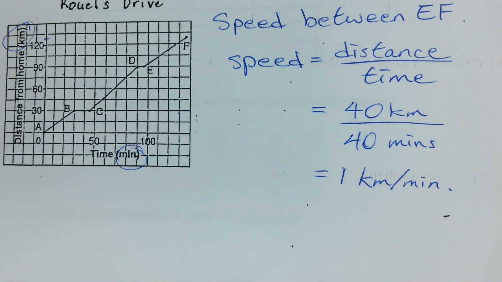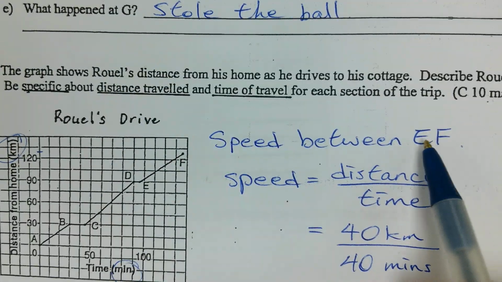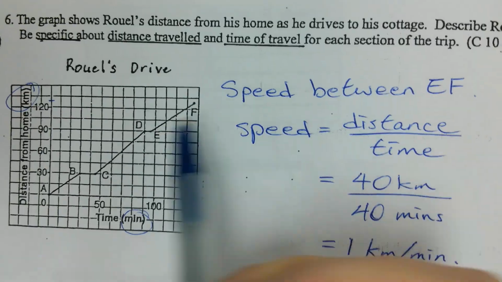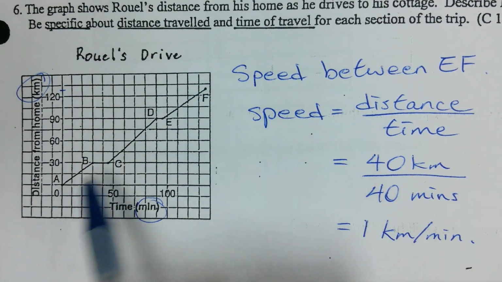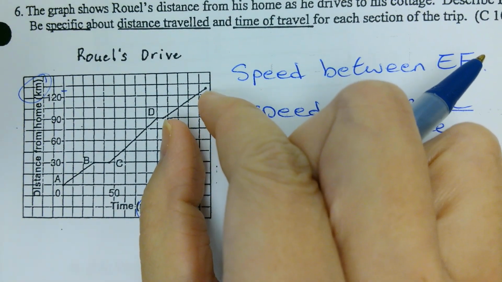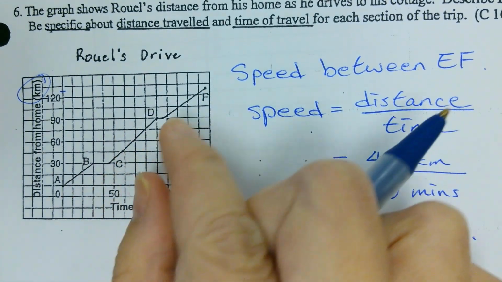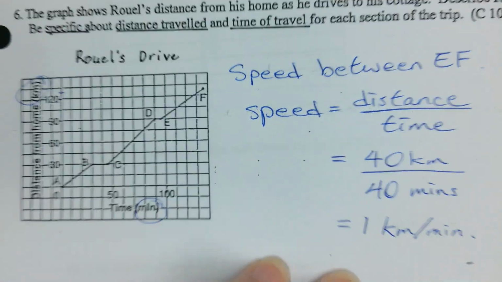It tells you the units. So why I chose EF, because I wanted you guys to see you don't just base it on, oh, this is 130. You're only looking at each section by section. Okay. Next page.